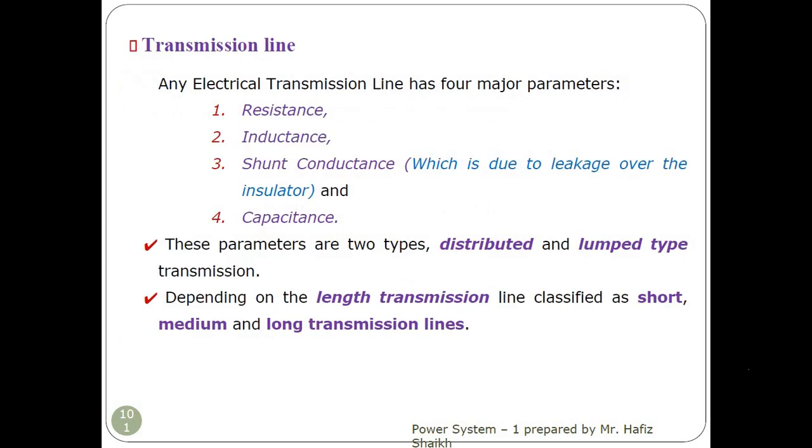Transformers you all know. So talking about transmission line, any electrical transmission line has four major parameters, which we call passive elements: resistance, inductance, capacitance. Capacitance can be series capacitance, parallel capacitance, and shunt conductance, which is the reciprocal of inductance.